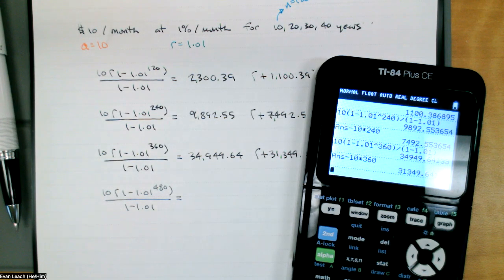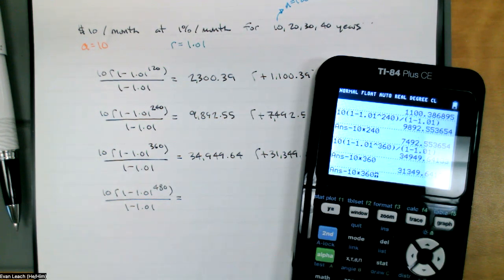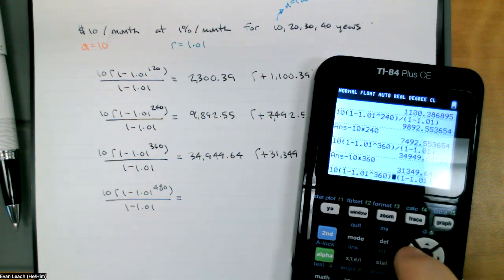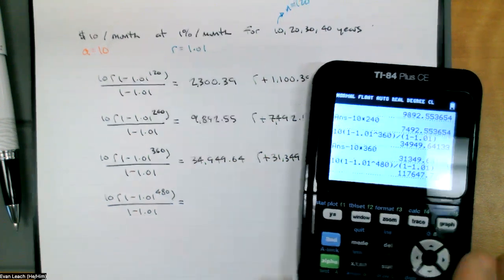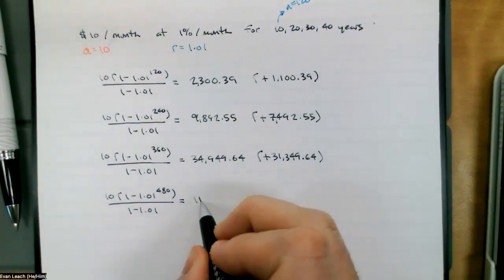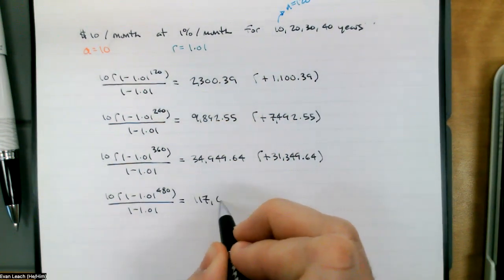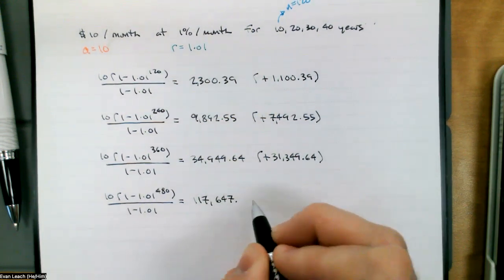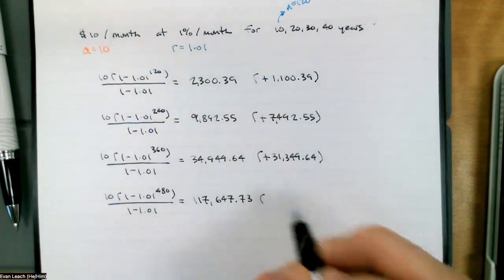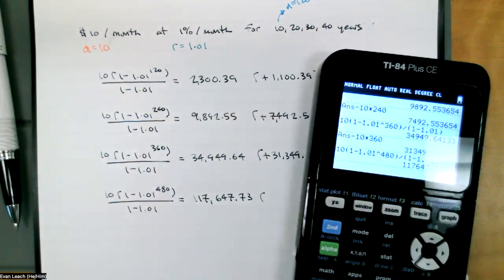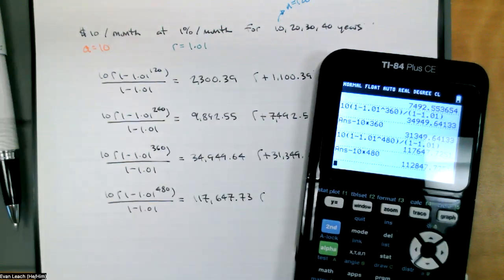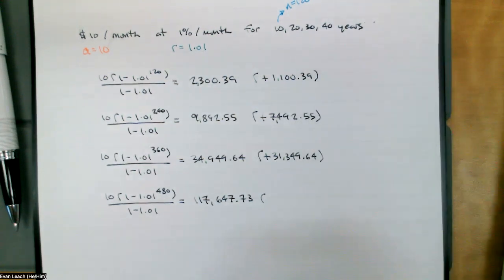For a lot of you, that's starting a couple years ago or starting now. Minus what we put in, 112, 847, 73.